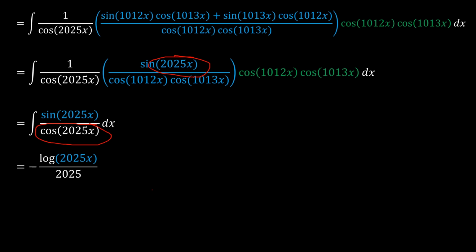As you can see, the numerator is the negative derivative of the denominator, obviously with this constant applied, 1 over 2025. So the integral of this problem is essentially negative natural logarithm of cosine 2025x over 2025, and this is the answer.